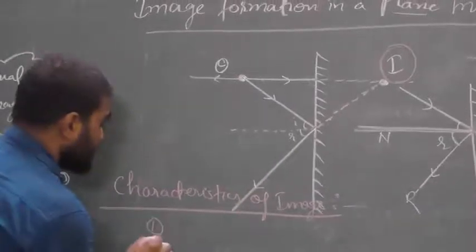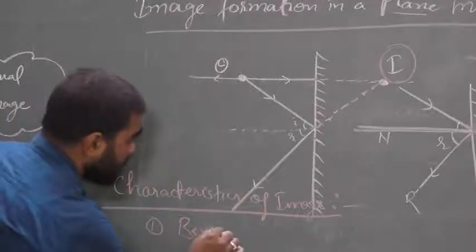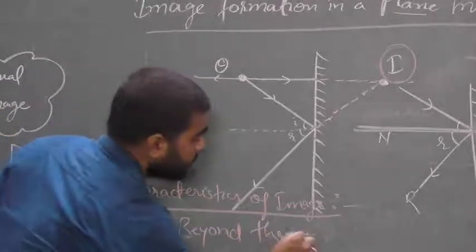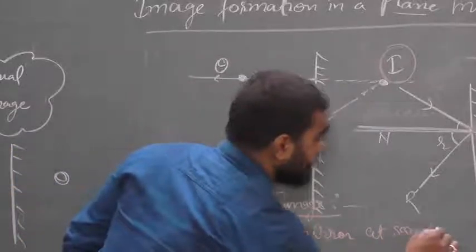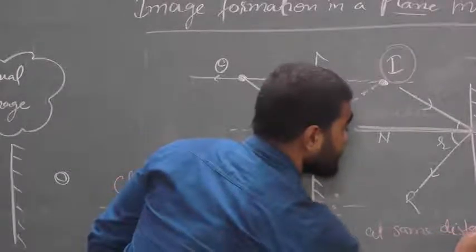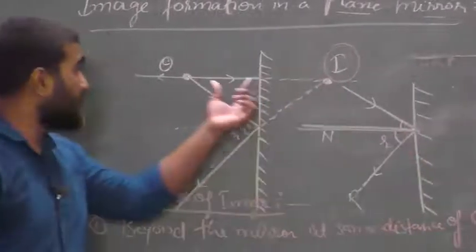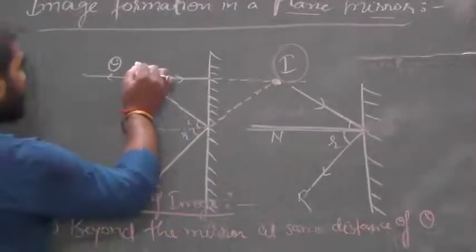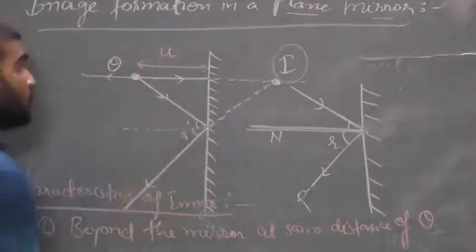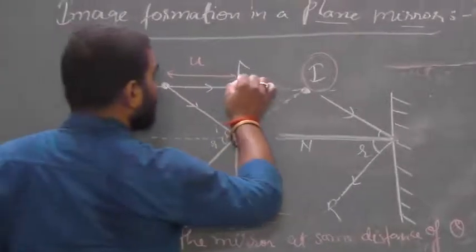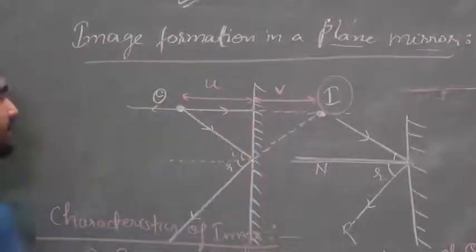First we will discuss the position of the image: beyond the mirror at the same distance as the object. The distance from mirror to object is called the object distance, represented by u, and the distance from mirror to image is called the image distance, represented by v.